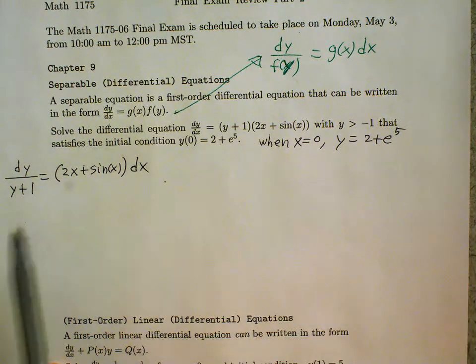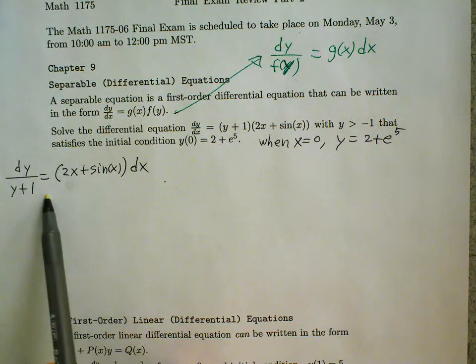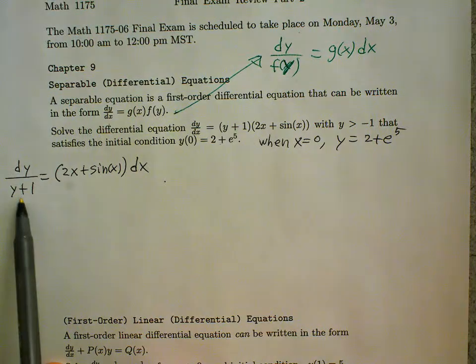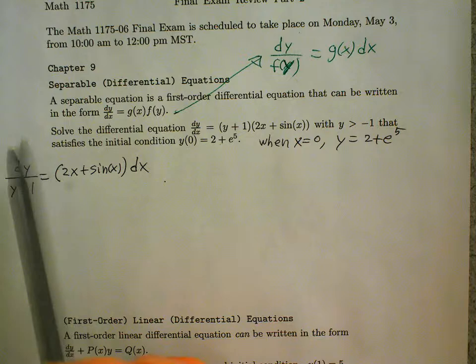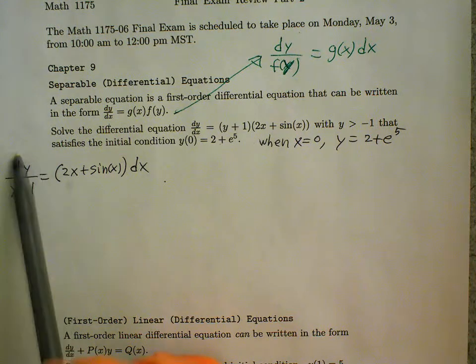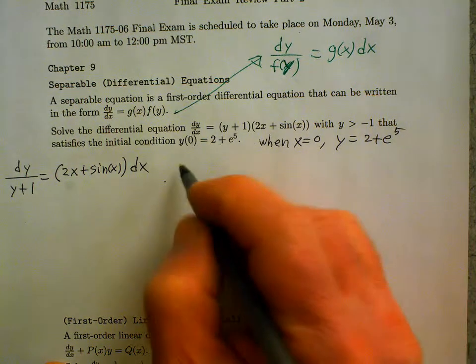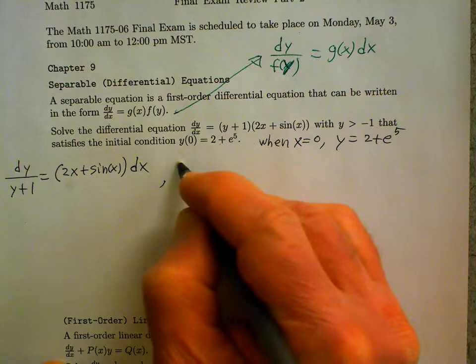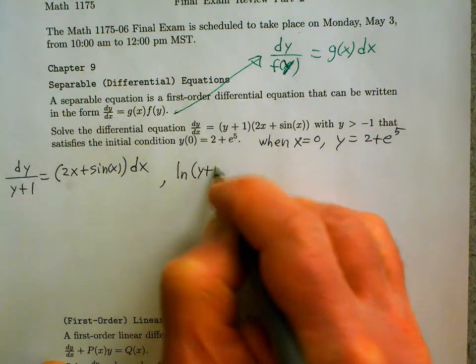I could put another step in where I put the integral symbols in, but let's just go ahead and find the antiderivatives. So just imagine an integral symbol, dy over y plus 1, so we get an antiderivative of the natural log of y plus 1.